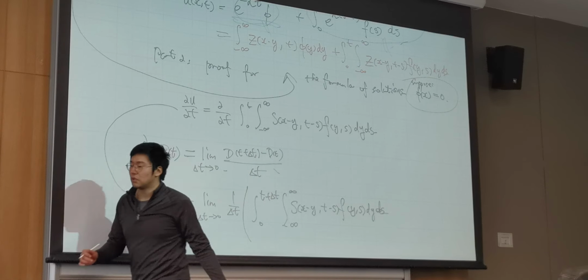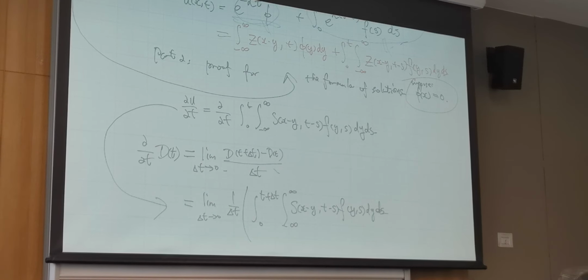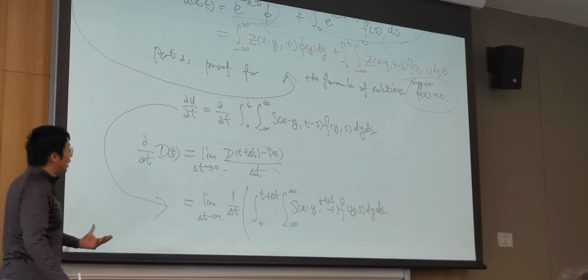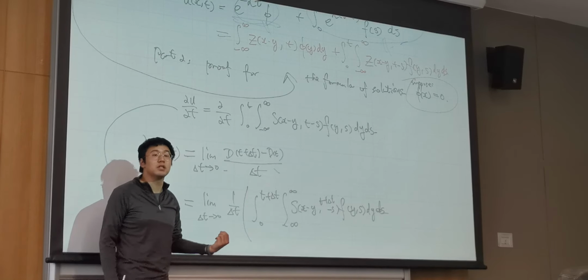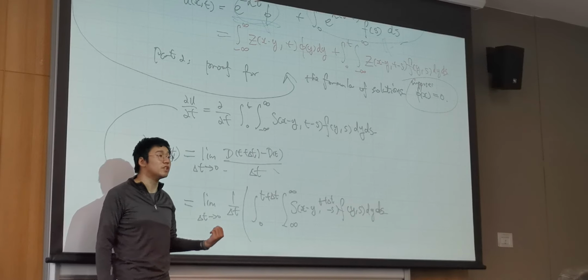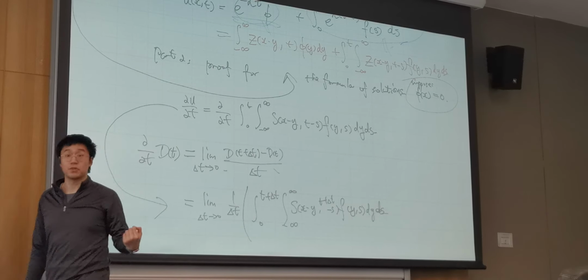And here, this t minus s actually should be t plus delta t minus s. I'm just replicating everything over here, but replacing everything related to t with t plus delta t. Sounds good?